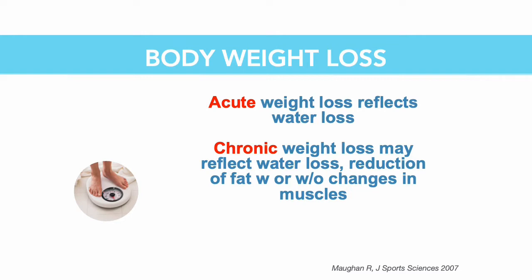The only thing that we have to pay attention to is we have to have a good euhydrated baseline, and we have to talk about acute weight loss changes, not long-term, because chronic weight loss may reflect not only water, but reduction in fat, with or without changes in muscle. So it could be a response of you gaining or losing weight, and it might not really reflect solely changes in body water.